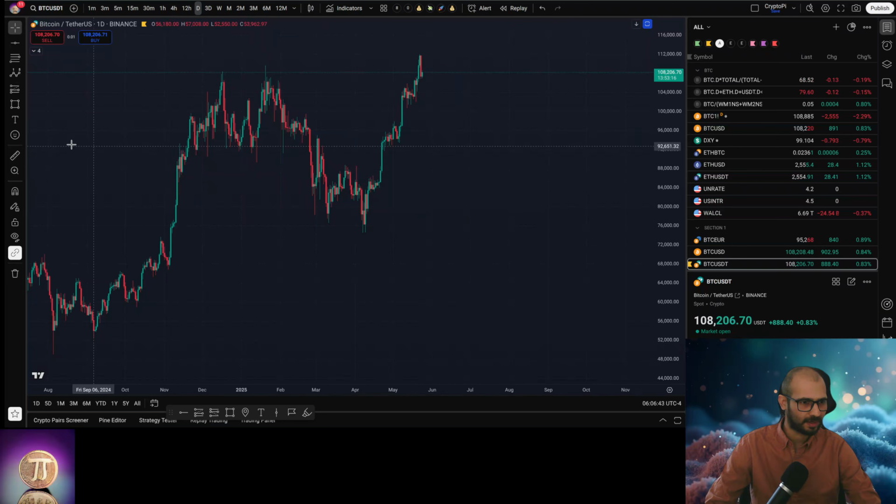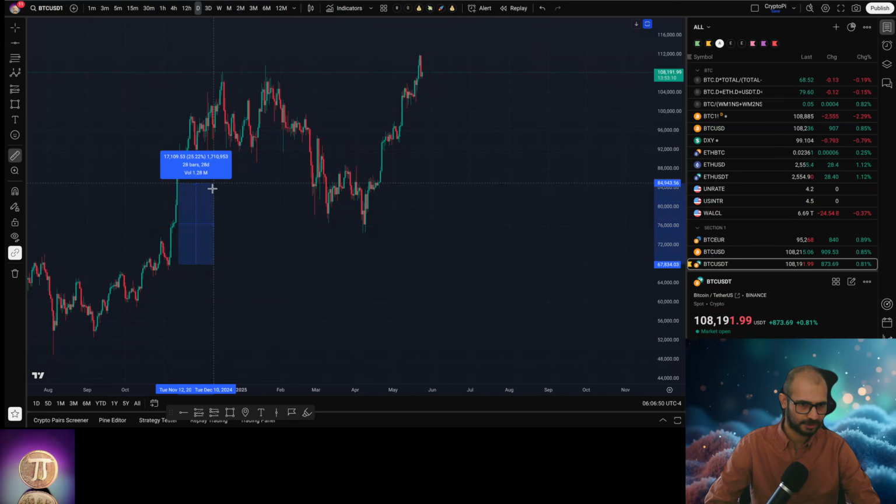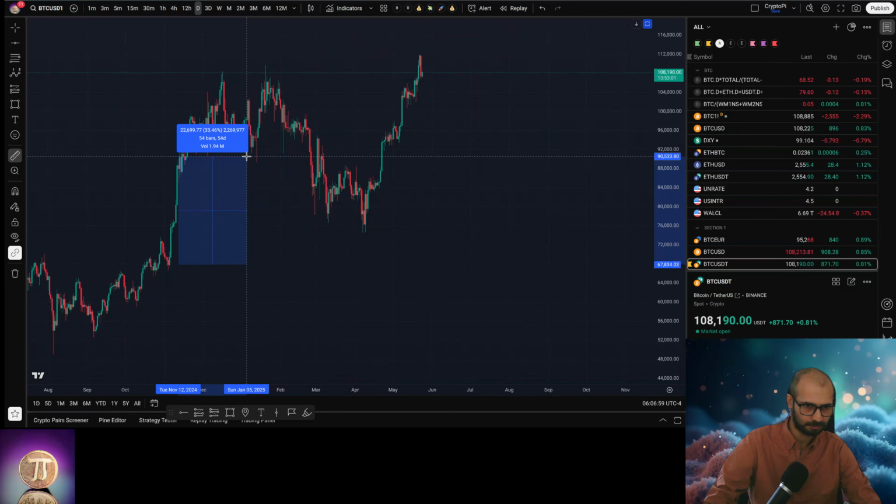Now, there are a few other tools which are for measuring. This one is to measure how much an asset has increased, and here you can define the timeline or the time which you want to measure upon.